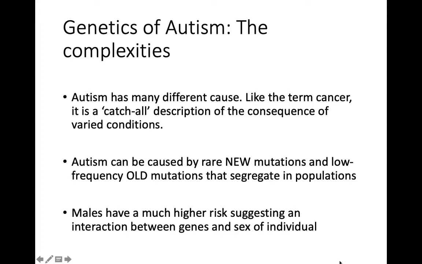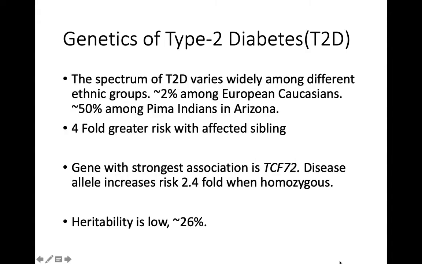Autism can be caused by rare new mutations, as well as low-frequency old mutations that segregate in the population. And there's an interesting observation that males have a much higher risk, suggesting that there might be some sort of interaction between the genes that cause autism and the sex of an individual.